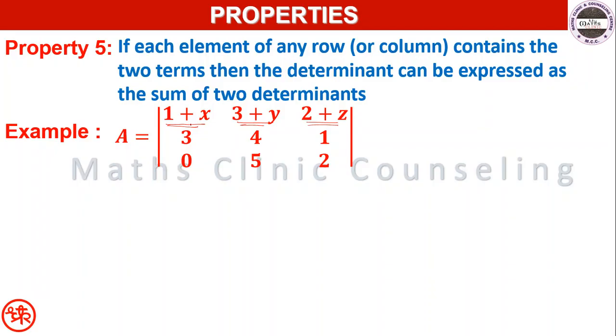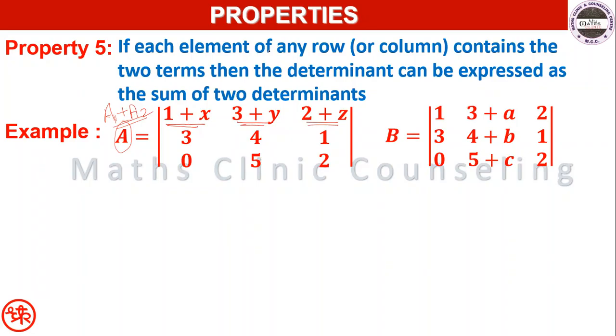In that case, the original determinant can be broken into two determinants, meaning this A can be broken into A1 plus A2. Is that clear? So this is one example.